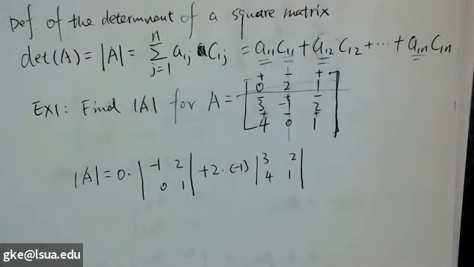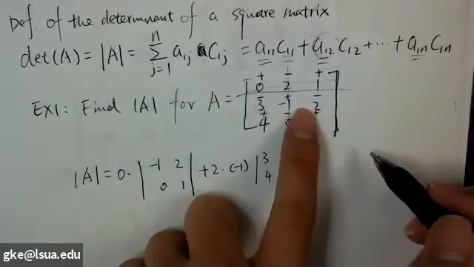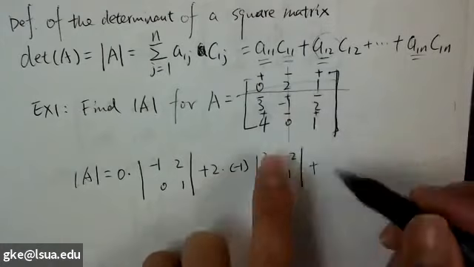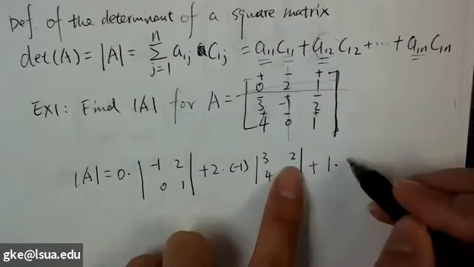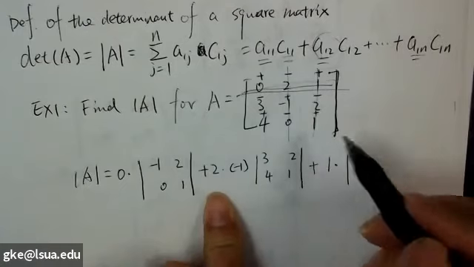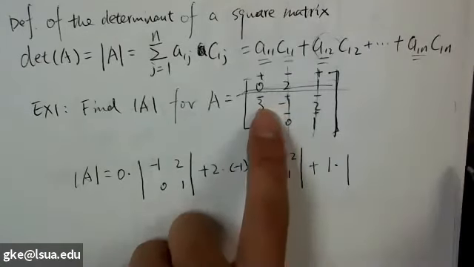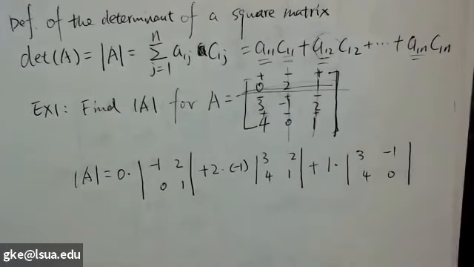Now A13 is 1, and the sign is positive, so we don't need to change the sign. Cross out the first row and the last column, and we get 3, -1, 4, 0.